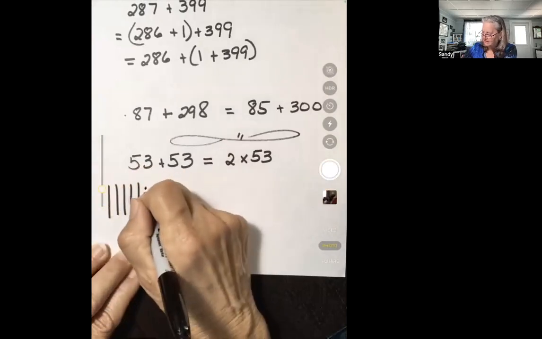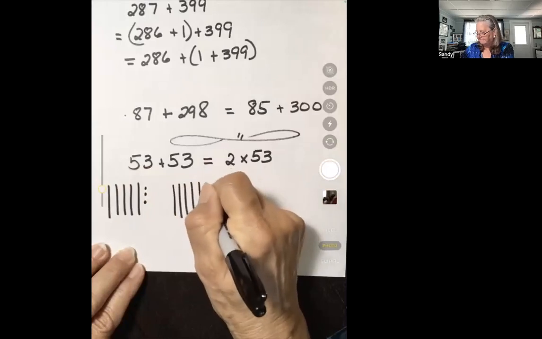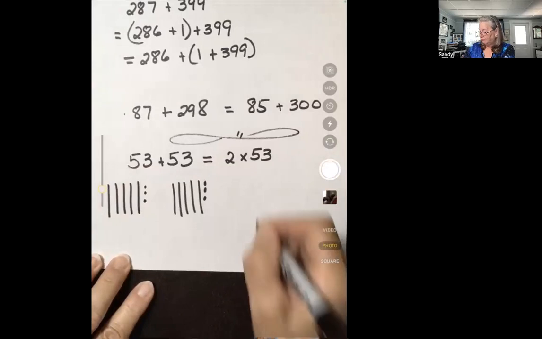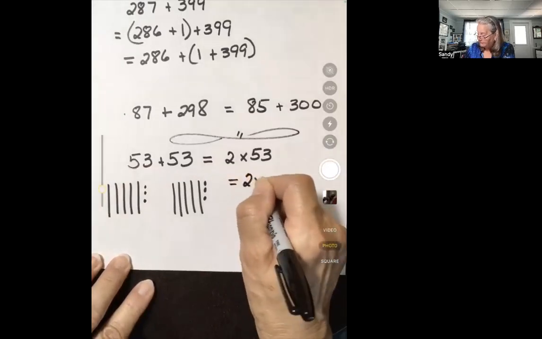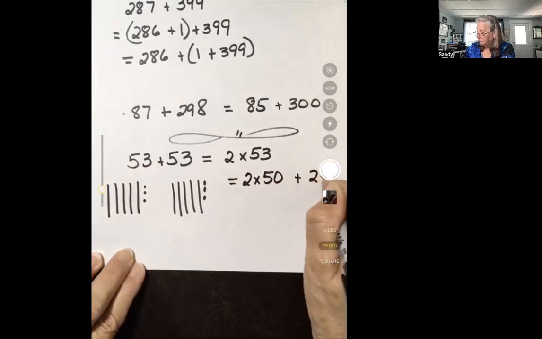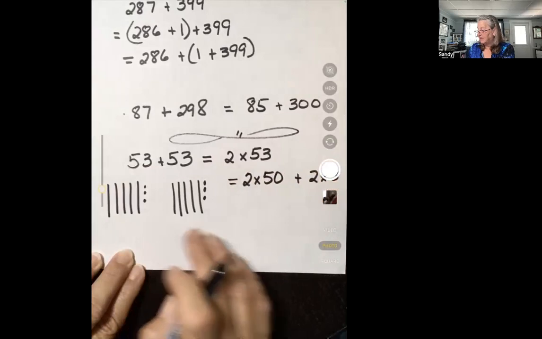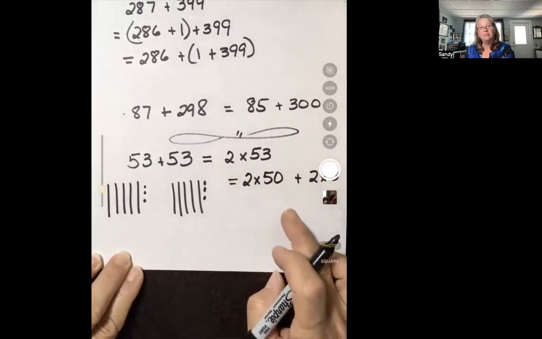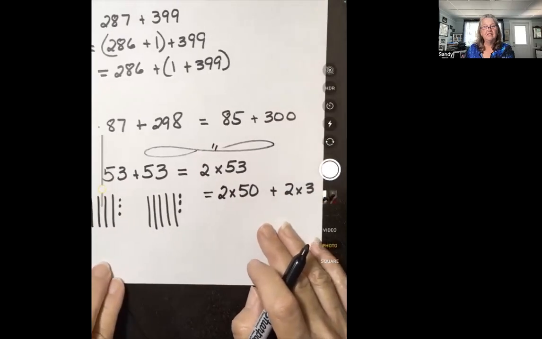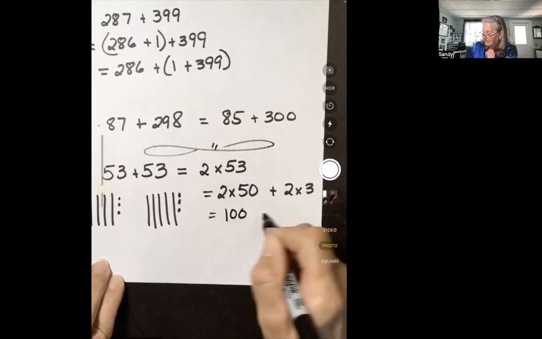Here's my 53. How did I represent double 53? Well, I have double 50 put together with double 3. The model helps me start to show the distributive property. That's the distributive property. Double 50 plus double 3. What do I have? I have 106.